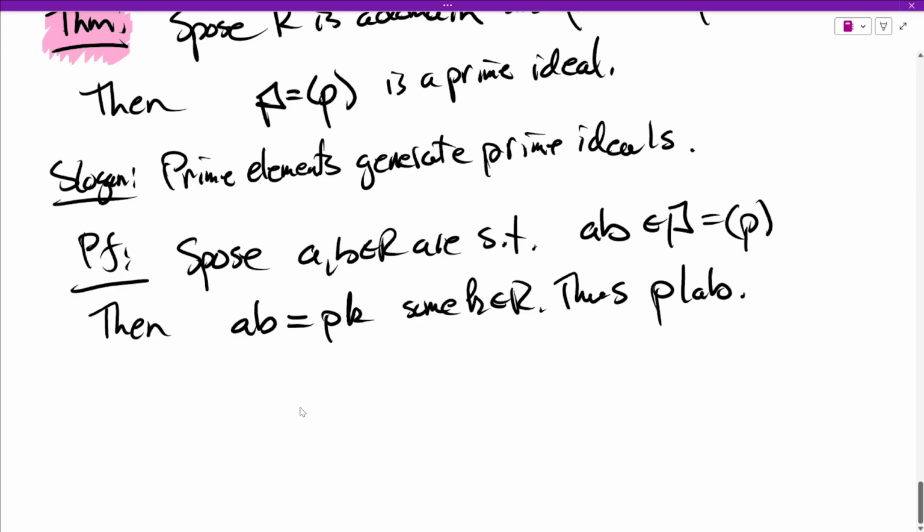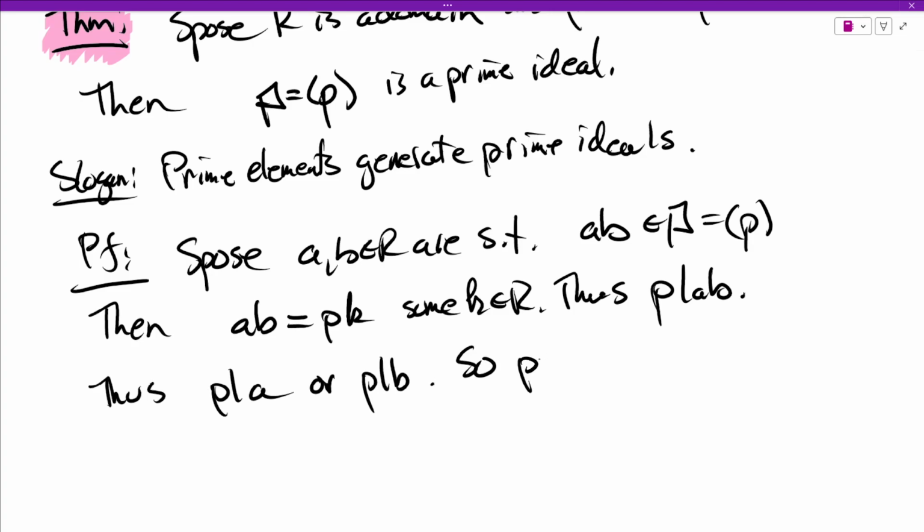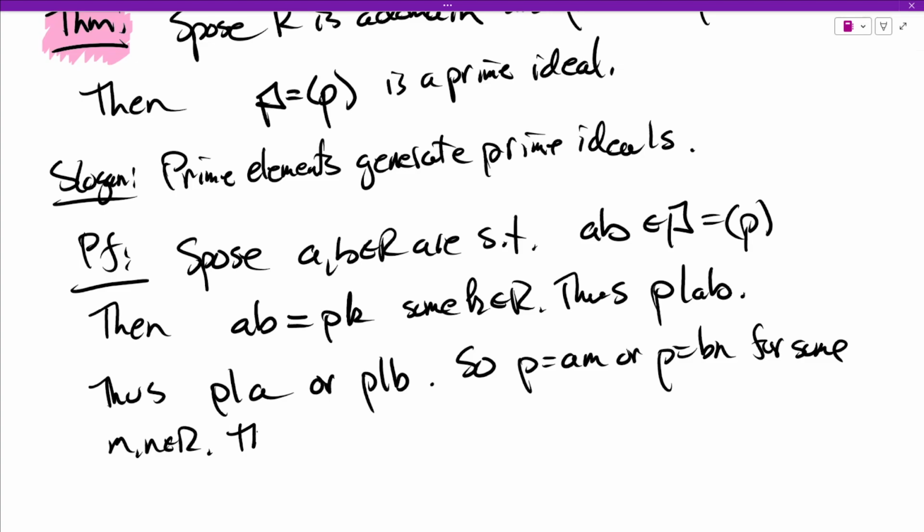But p is a prime element. So if I have a prime element, then it must divide a or it must divide b. So a is pm or b is pn for some m, n in R.